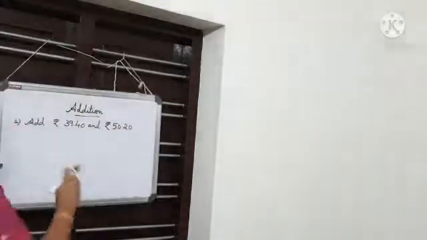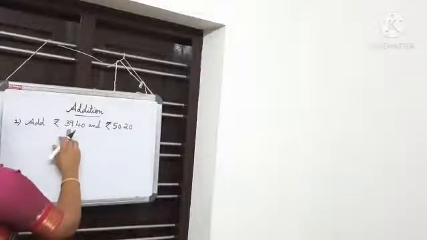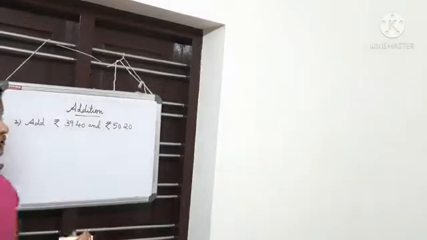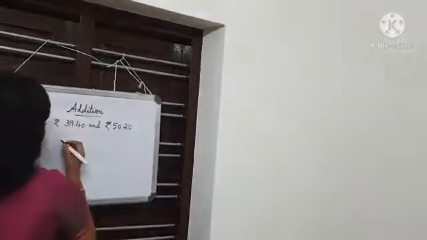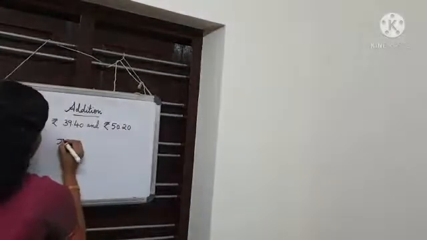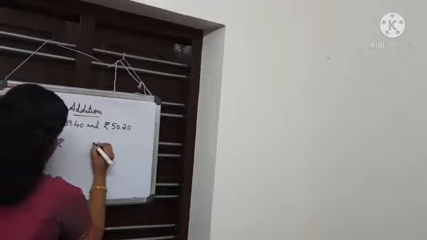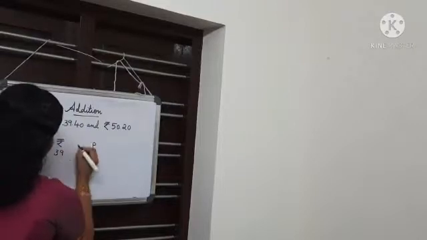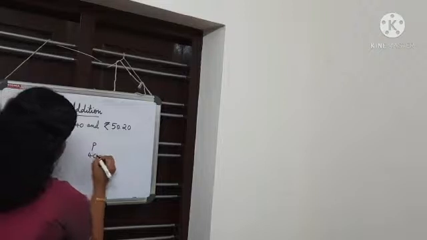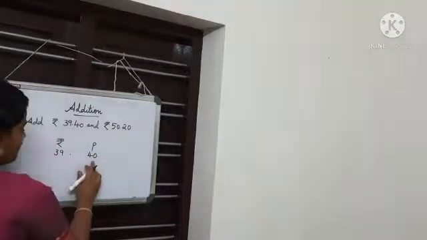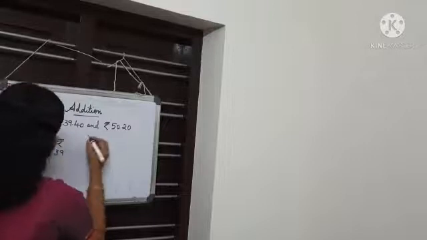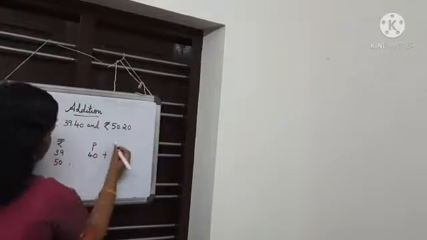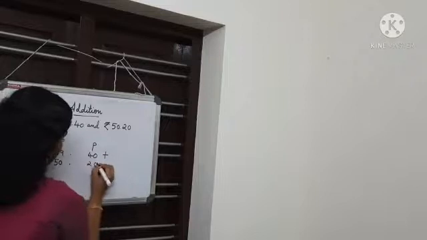Look at the first question. Add rupees 39.40 and rupees 50.20. Now let us start. Here I write rupees and here I write paise. 39 rupees and 40 paise plus rupees 50.20.